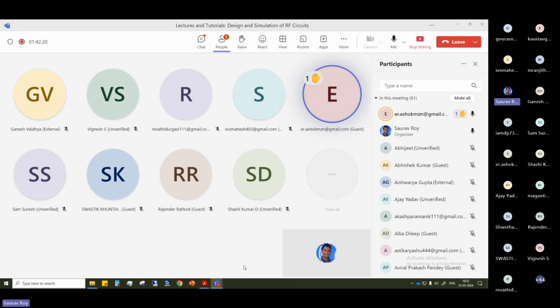So there is a formula for a transmission line of length L: given a load ZL, what should be the input impedance Zin of the line of length L? The formula involves tan beta L, the tangent of the electrical length, and the input impedance is related to the load impedance as well as the characteristic impedance of the line.